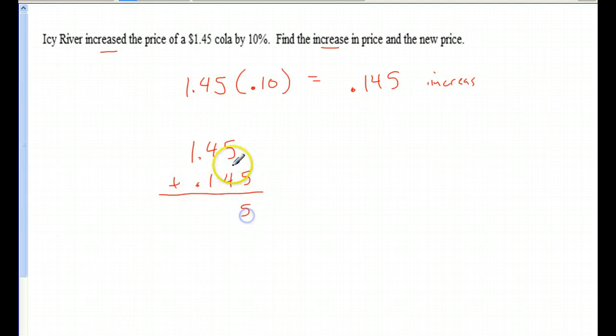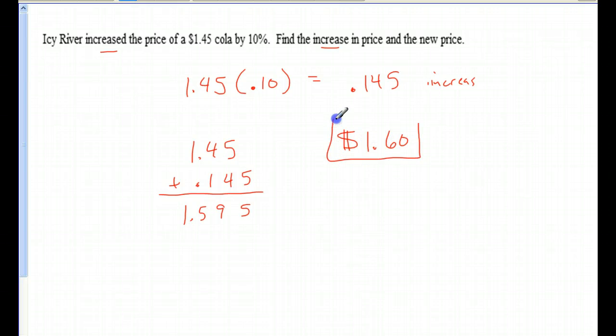So 1.595. And then we would round this because it was money, and so we round money to the nearest cent. So that's the new price. Okay, so that's how you do this problem.